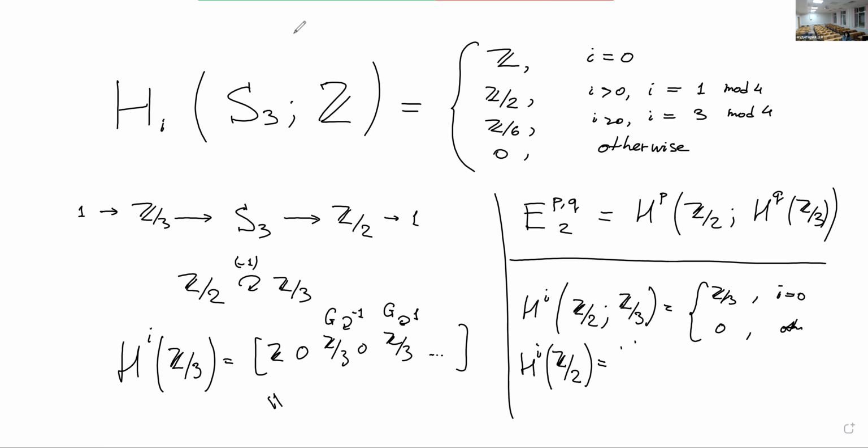We have Z in degree 0, Z/2 in all positive even degrees, and 0 in all odd degrees.